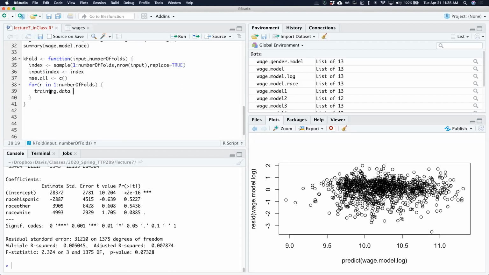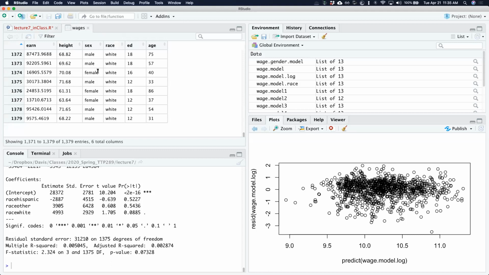So my training data is just going to be a subset of my input. It's going to be this wages data right here, except I want to leave one index number out. In this case, I'm going to leave out index number 1, and then the training data will be all of the data where each row index is either 2, 3, 4, or 5.